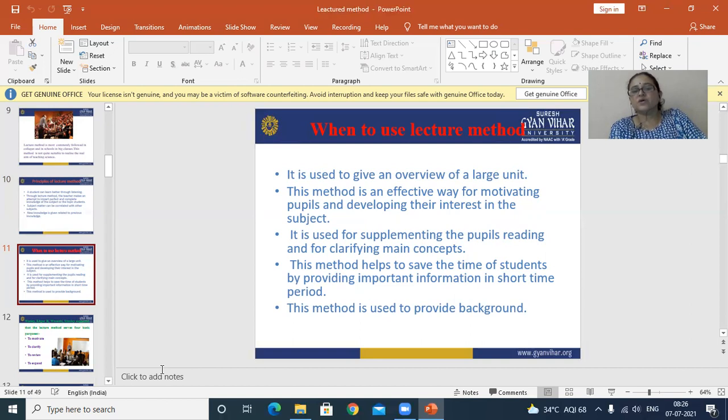It is used for supplementing the pupils' reading and clarifying main concepts.